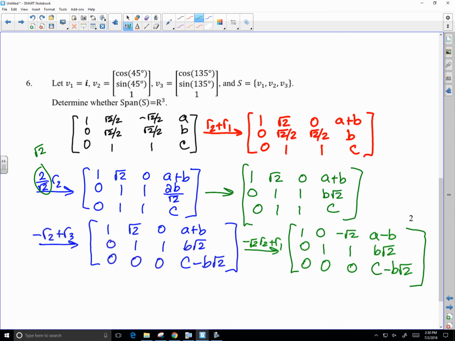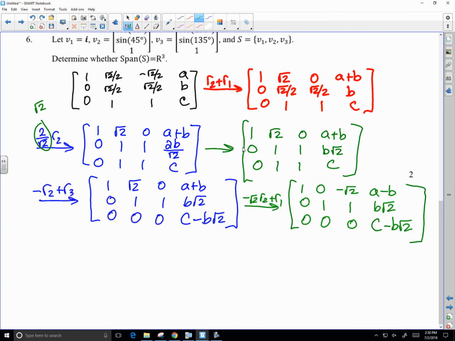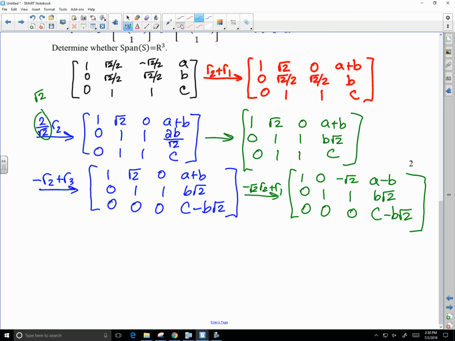So a solution only exists if c minus b root 2 is equal to 0. Or you could say c is equal to b root 2.